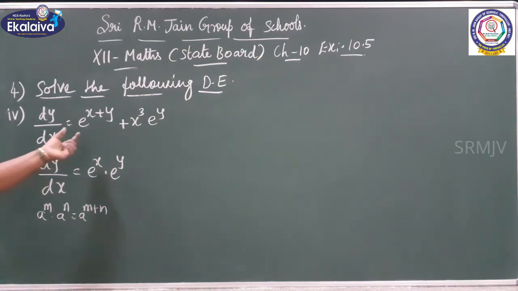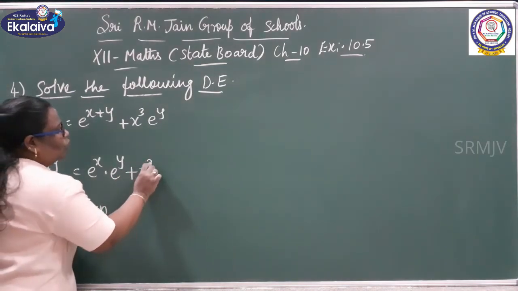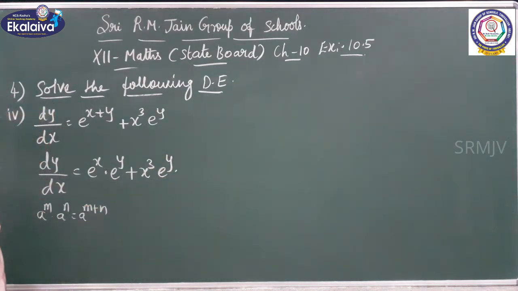The same way we can split up the term e power x plus y equal to e power x into e power y plus x cube into e power y.